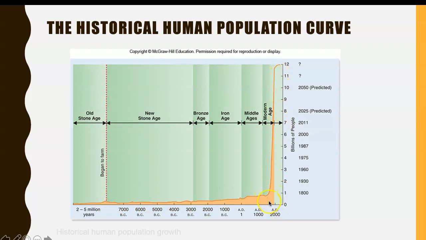Let's see what time this is. This is 1,000, this is 2,000, this is about 1,800. And the industrial revolution is causing this spike. You probably wonder why. It's because of the health condition improvement, because of the technology, and the wealth was increasing.